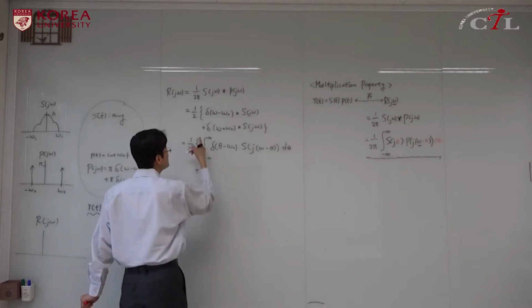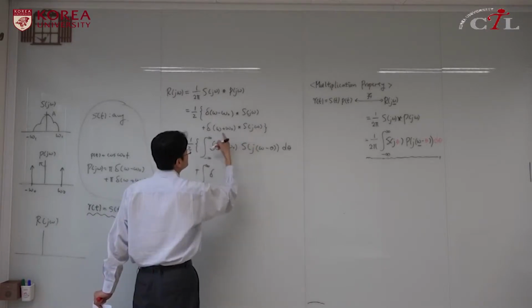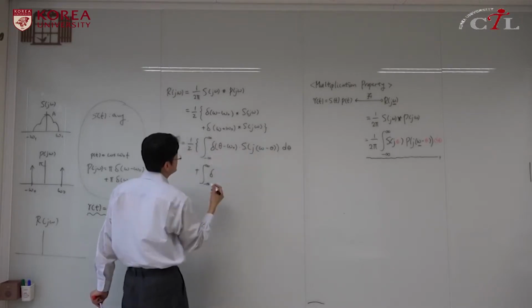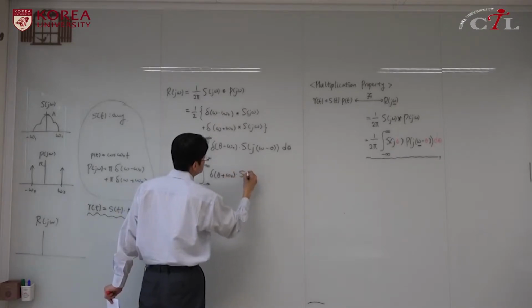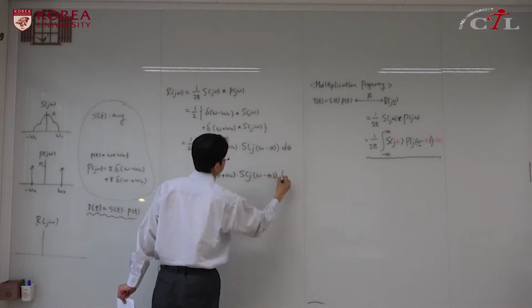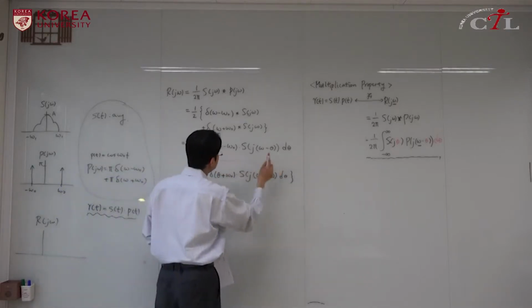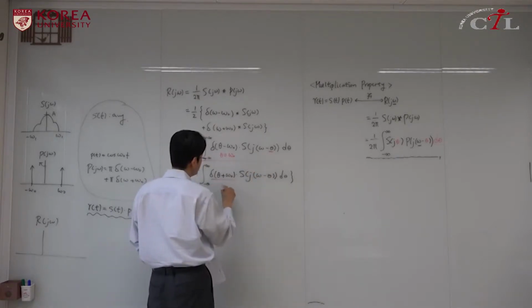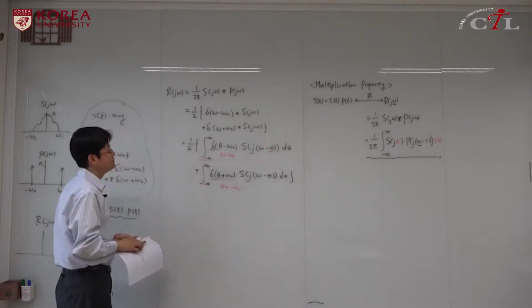And the second term is the same with t minus τ, so instead of τ, I write θ, S(j(ω minus θ)). Then this is valid when θ equals ω0. This is valid when θ equals minus ω0. And if delta is integrated, then it's equal to 1.